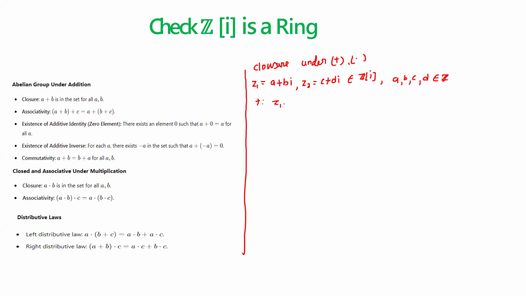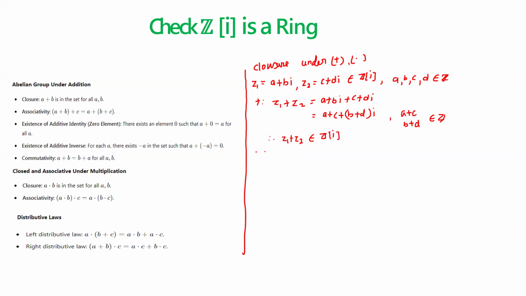That is, z1 plus z2 can be written as a plus bi plus c plus di. We can rewrite this as (a plus c) plus (b plus d)i. Here, a plus c and b plus d both belong to Z since a, b, c, d are integers. Therefore, z1 plus z2 belongs to Z[i].